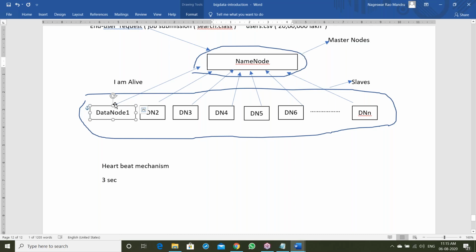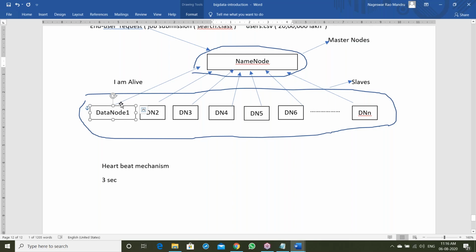This node has failed. With no heartbeats, the name node assumes that there is a failure in the data node. So once the data node failure is identified, what is the next step?